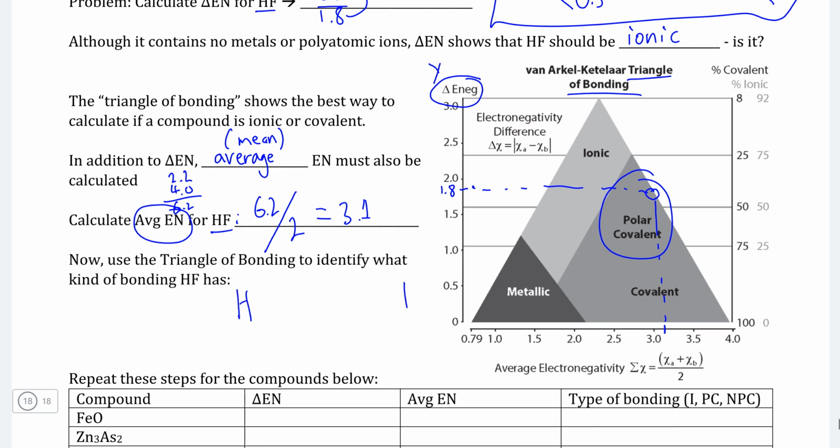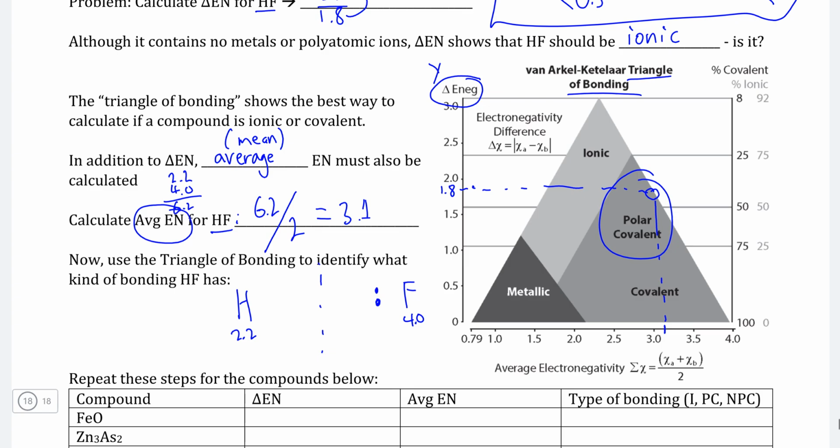So what this means, using what electronegativity showed us yesterday, is that because the electronegativity of fluorine is significantly greater but not enough for a full electron transfer, the electrons in the bond between hydrogen and fluorine are shared, but much more unequally than in a true nonpolar covalent bond.